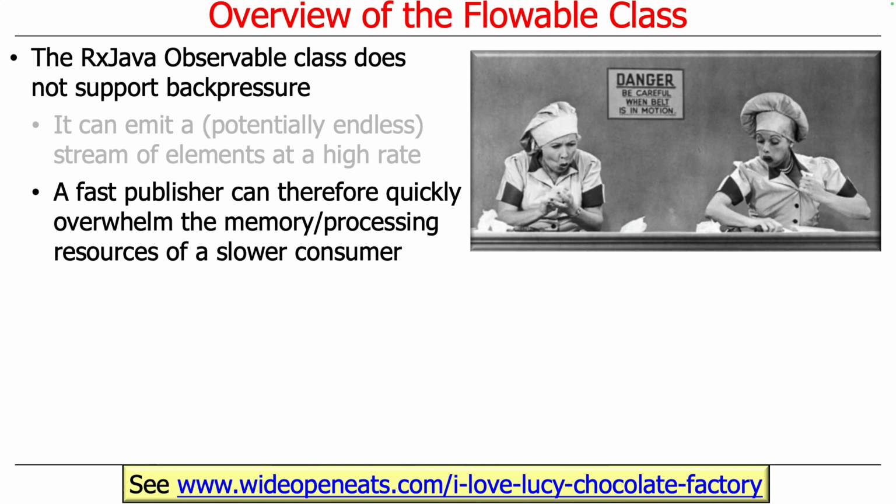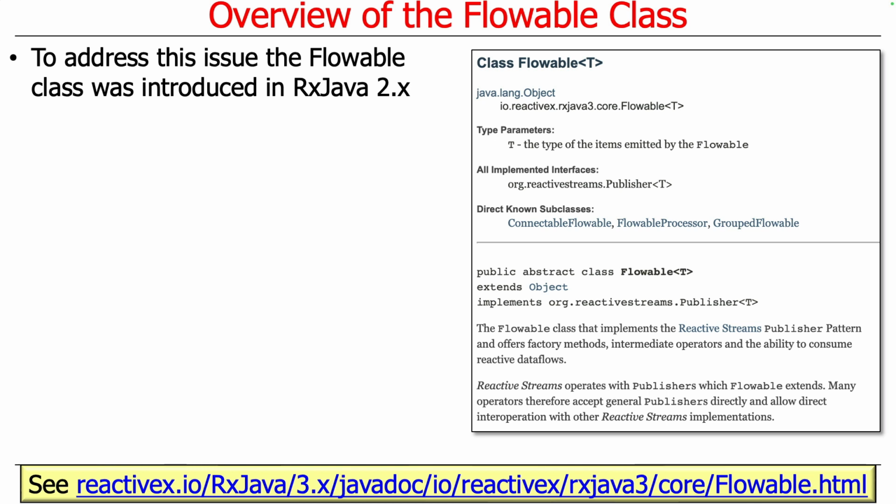And of course, the chocolate is coming too fast. So they first are frantically trying to put things in the box, and it's getting faster, and then they start stuffing the chocolate into their mouths to keep up, and that's what you can see here. She's got chocolate in her mouth. Pretty funny. So that's the metaphor to think about when you think about the issue of flow control and dealing with rates that occur too rapidly.